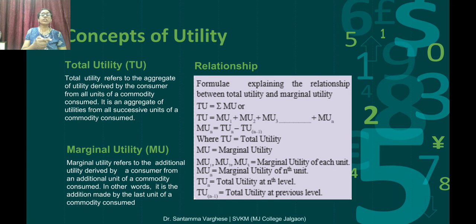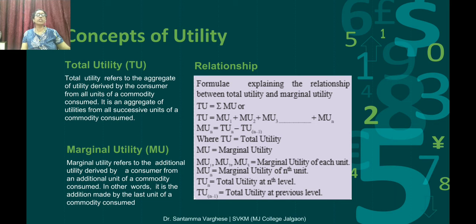In the slide you can see a formula explaining the relationship between total utility and marginal utility. Total utility is equal to the summation of MU. MU means marginal utility. So total utility is equal to marginal utility 1 plus marginal utility 2, marginal utility 3, and so on up to the last unit, the marginal utility of n.